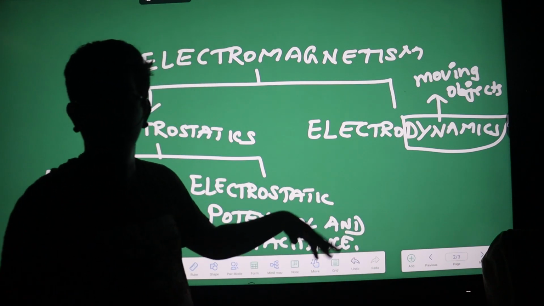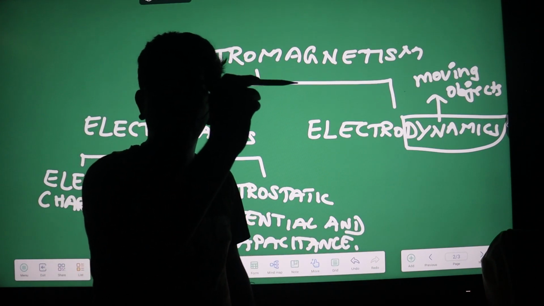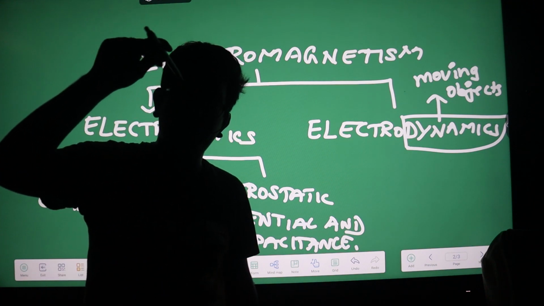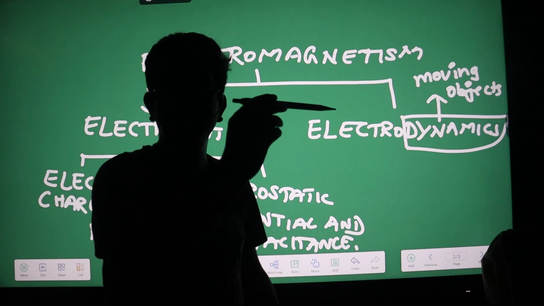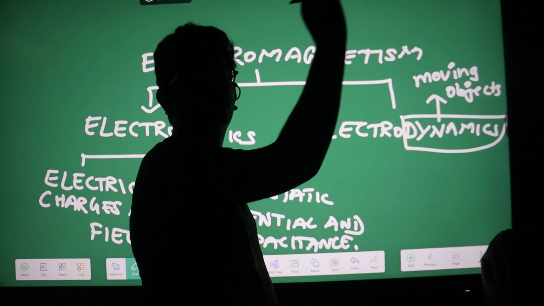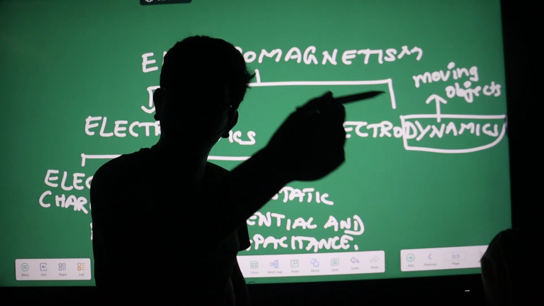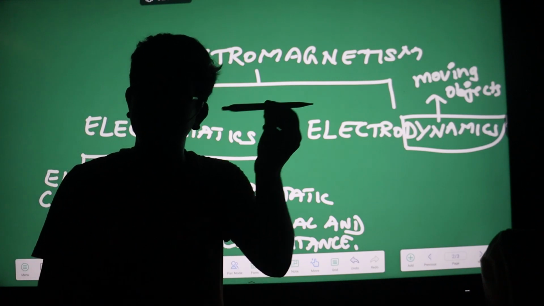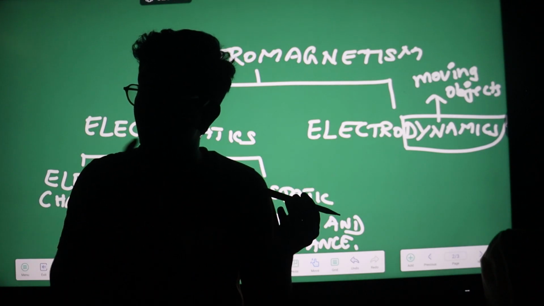But in dynamics we will study the cause, with how much force this pen is moving along in this direction. We will study the cause of the motion, why this object is moving, what force it is experiencing.